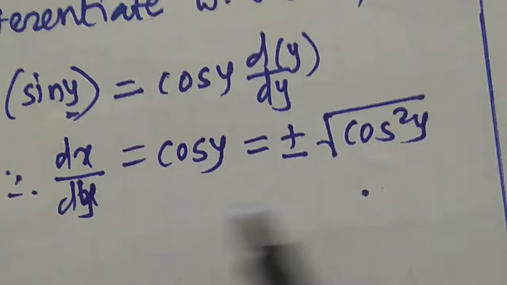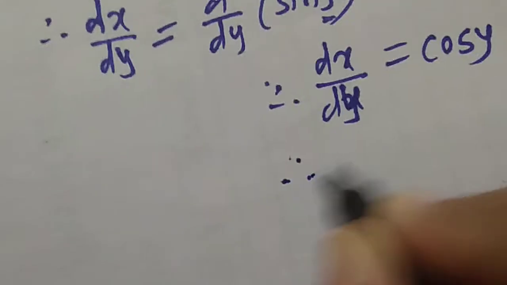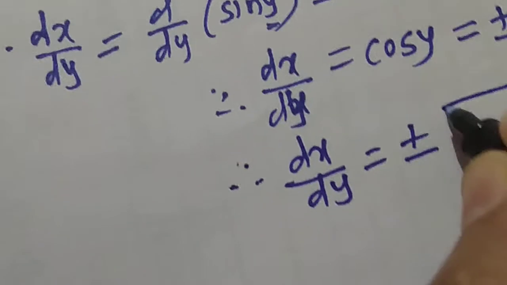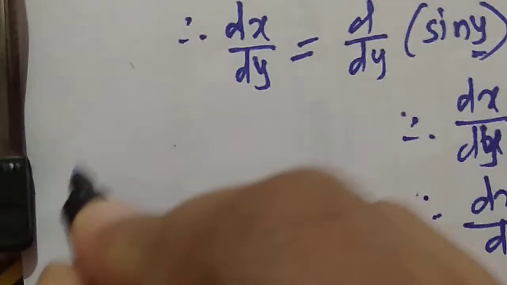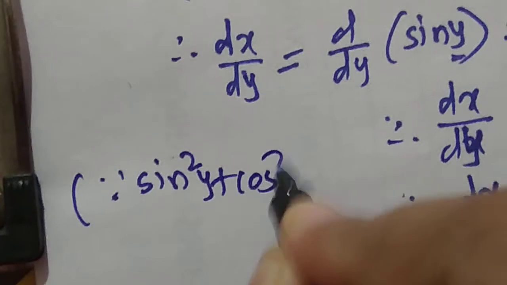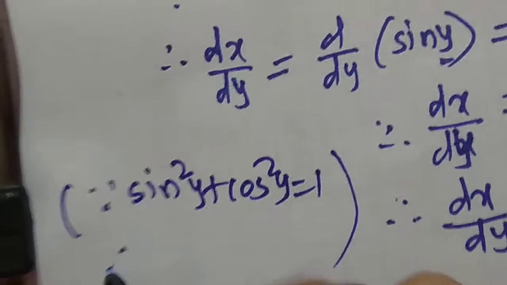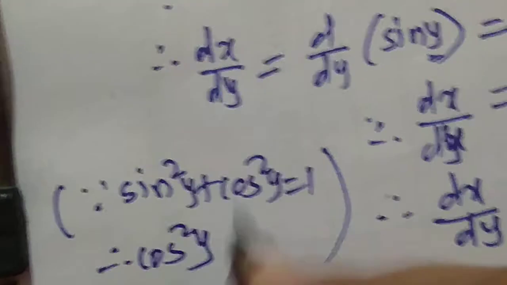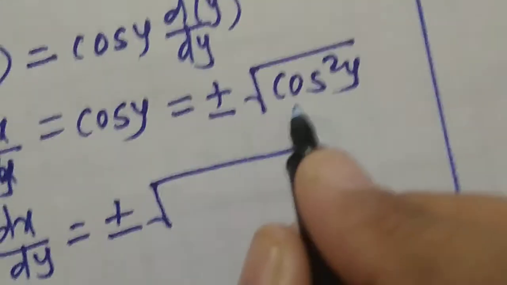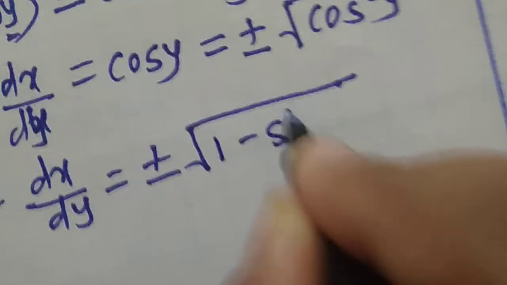But we know the identity sin square y plus cos square y is equal to 1, therefore cos square y is equal to 1 minus sin square y. So we can put this value here in place of cos square y.